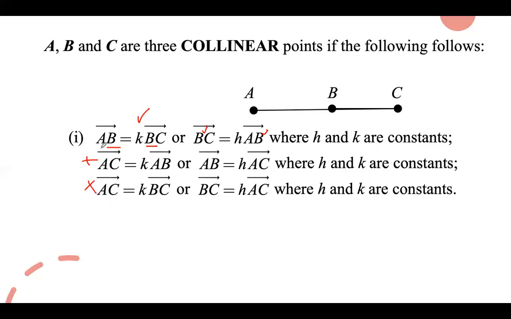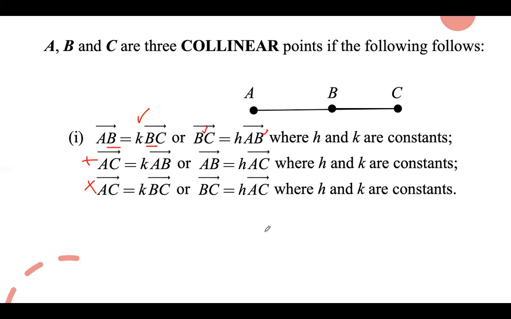These are the most significant. So you want to prove AB equals kBC or BC equals hAB anyway. But these two also can, though not so significant. Actually, it is B that is the common point.